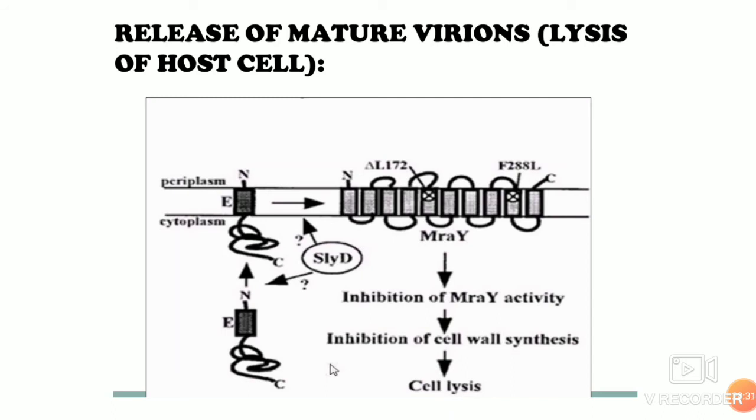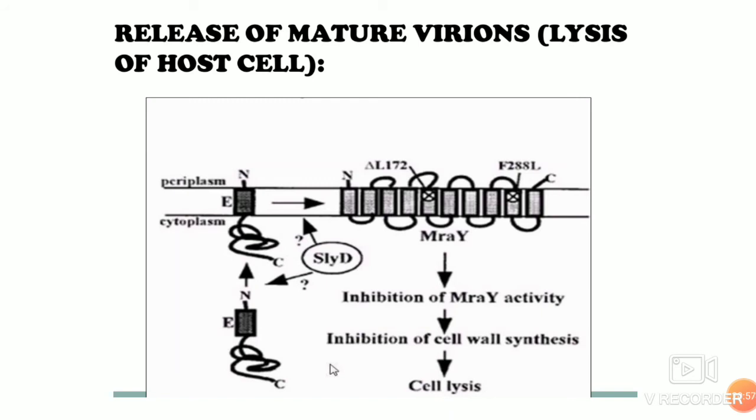SLY is sensitive to lysis. This is a protein which is important for lysis. It is a host protein, named as sensitive to lysis. The E protein is a viral protein.